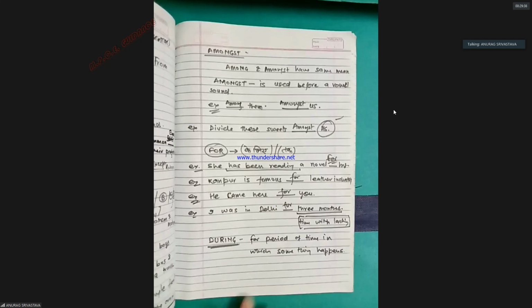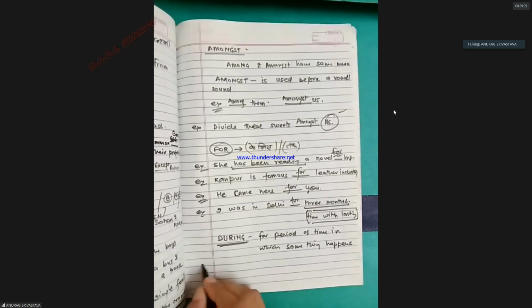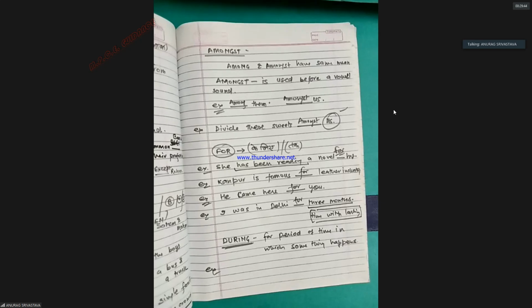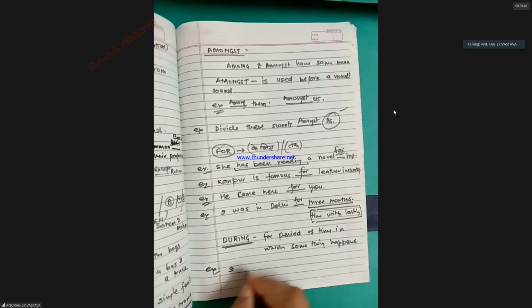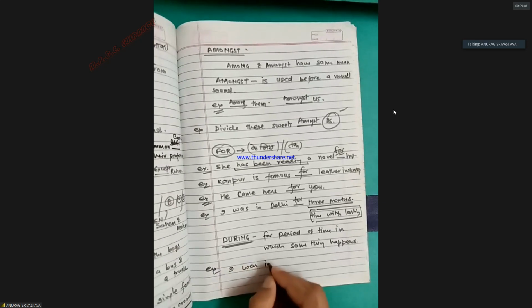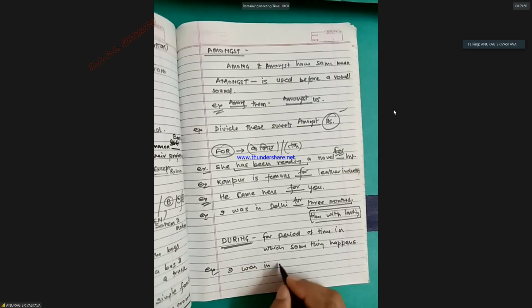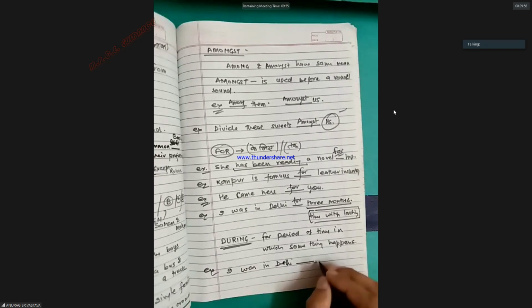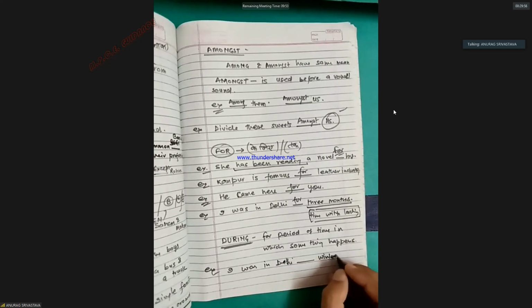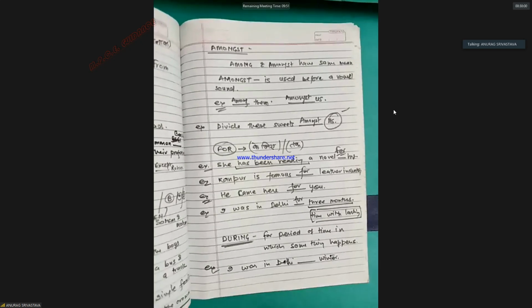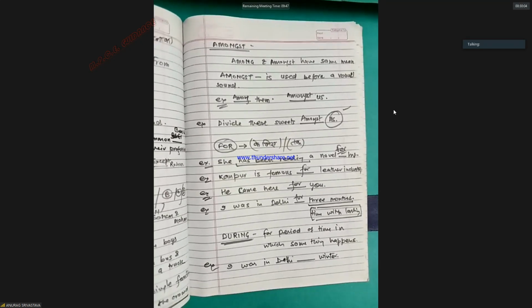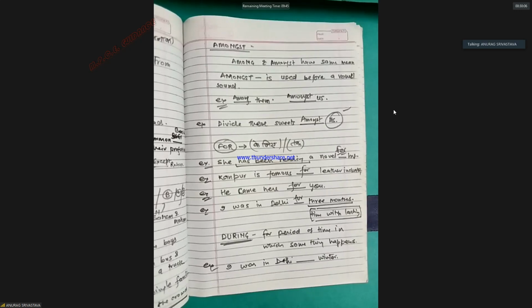Okay. So let's see with examples. The example is, I was in Delhi, filler, winter. Winter is not a point of time. Winter is the period of time in which something happens. What happens?